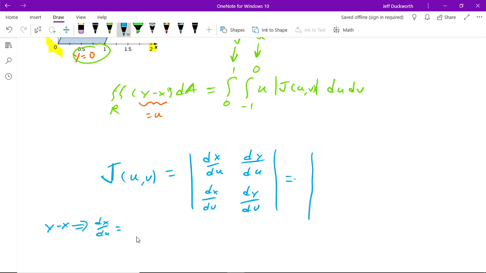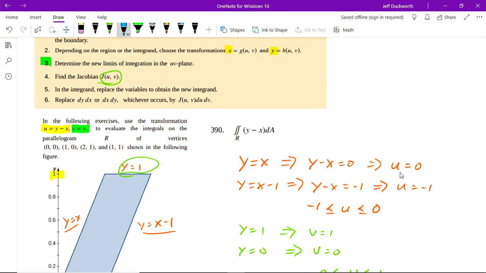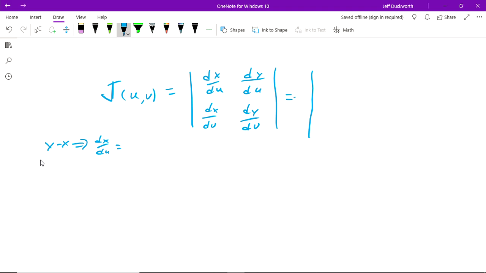If we take this derivative with respect to what our u is, our u is equal to y minus x, and v is equal to y. So y minus x, take a derivative with respect to x. The y is a constant that's going to equal 0, so it's just going to equal -1. And dy du will equal +1.